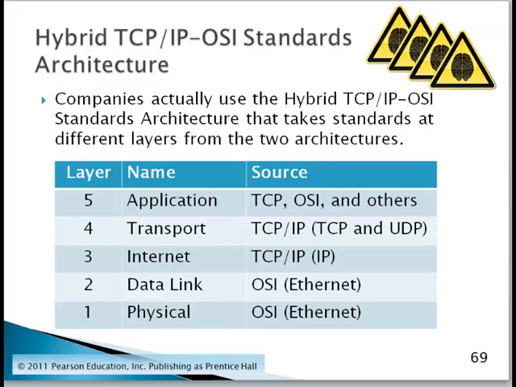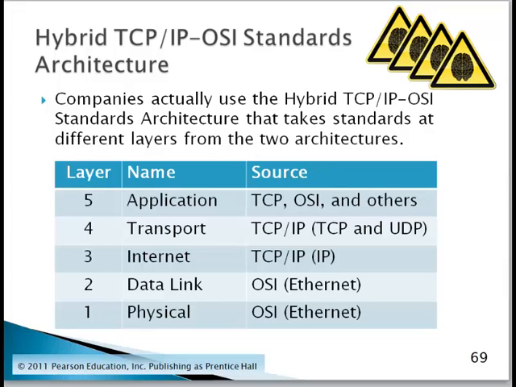So just to kind of end where we began with the 5 layers, this 5-layer model is technically a hybrid model. So we're pulling some pieces from the TCP/IP stack, again, the single most popular protocol in the world, and the 7-layer OSI model. So the 7-layer version is the OSI model.